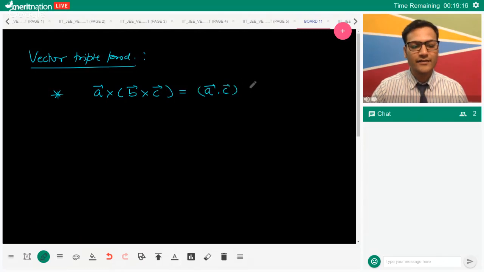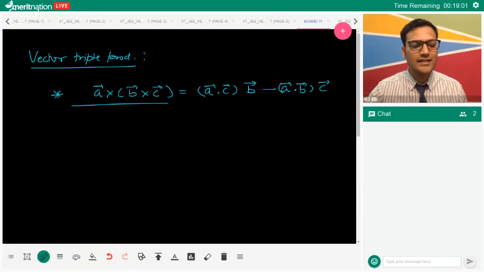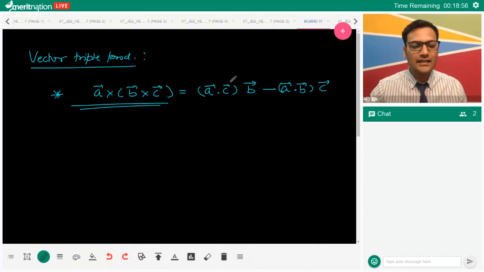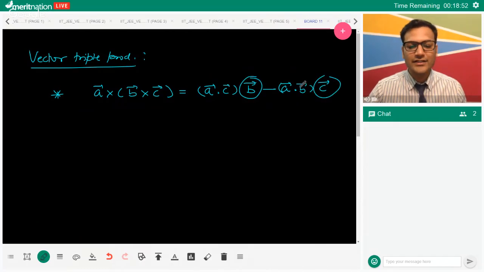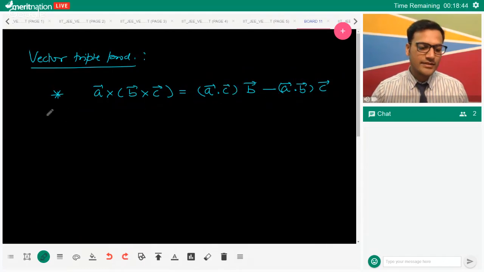We multiply it by vector B. So it's basically B is being amplified to A dot C minus A dot B times C. So this gives us a vector which is the difference of vector B and vector C when they are being multiplied by two scalars, A dot C and A dot B. All right, so this is kind of simple for us to gauge.